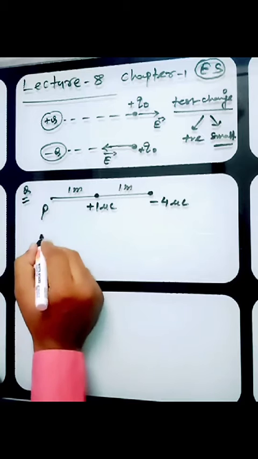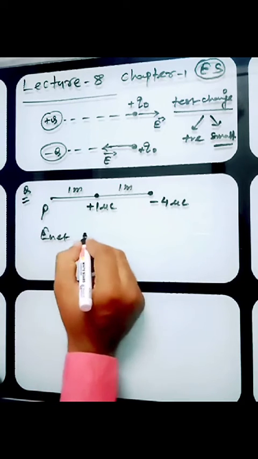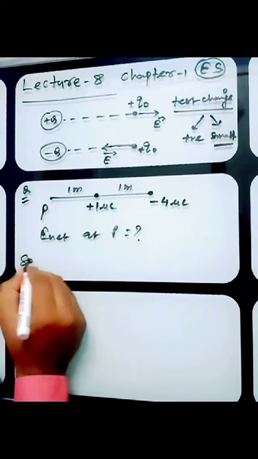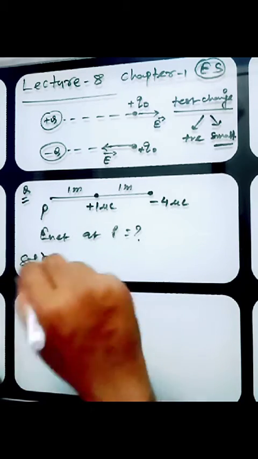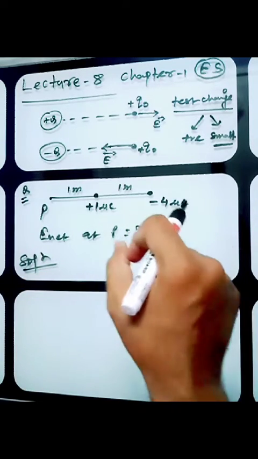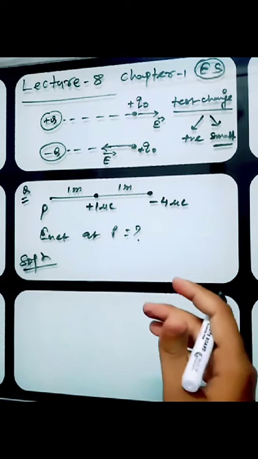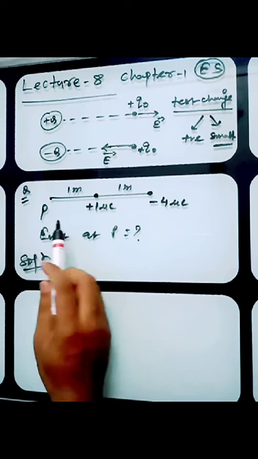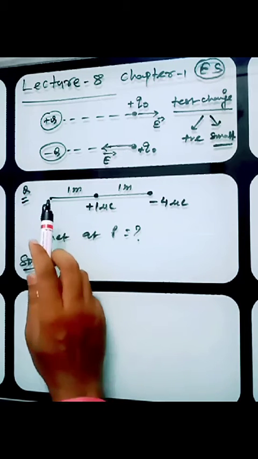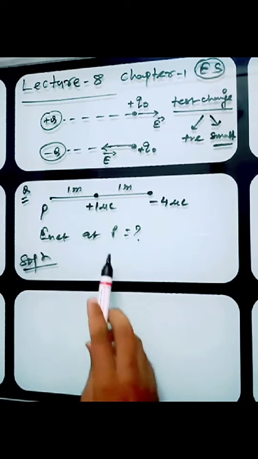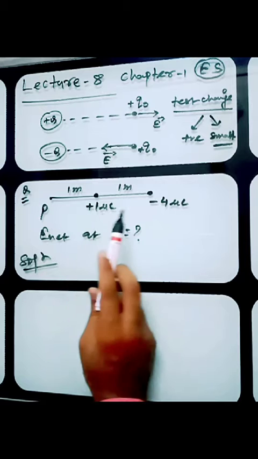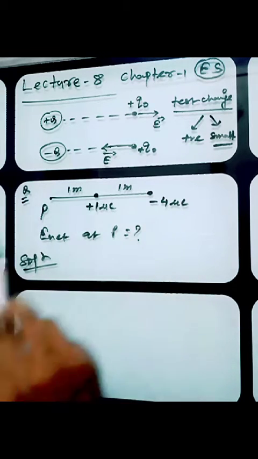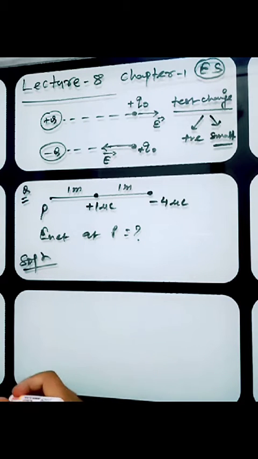You have to find E net at P. Pause this video and try to solve it. I'm giving you a hint: at point P there will be two fields, one due to this positive charge and another due to this negative charge. You can find the direction easily and apply the formula. You will get the answer.